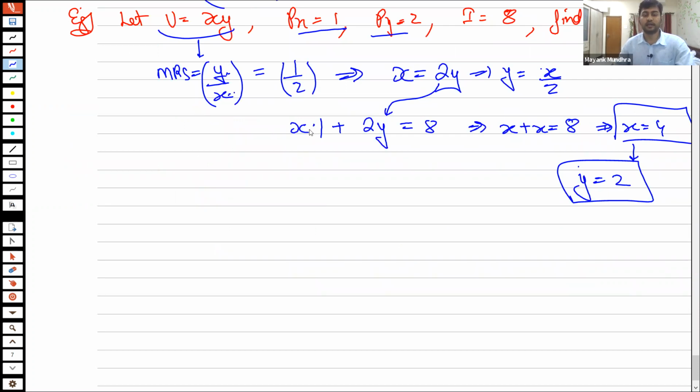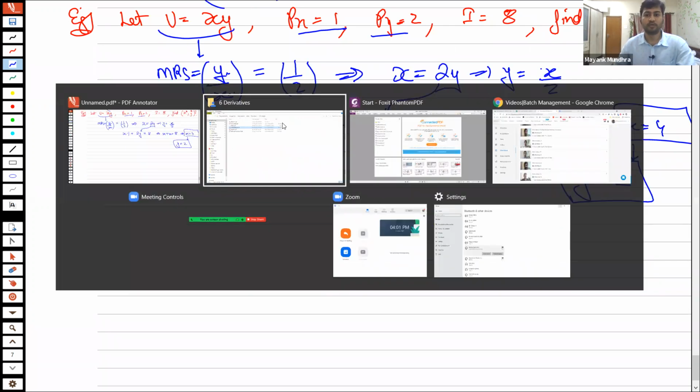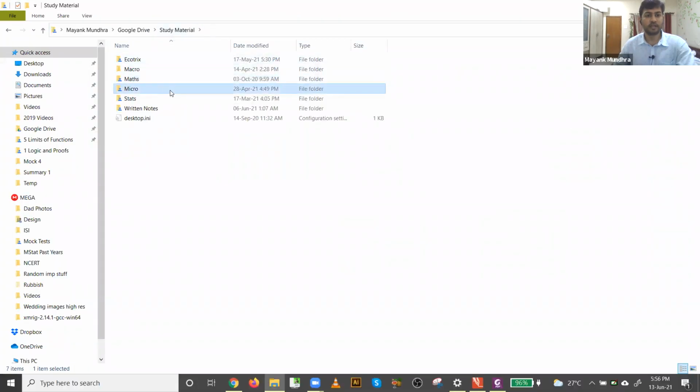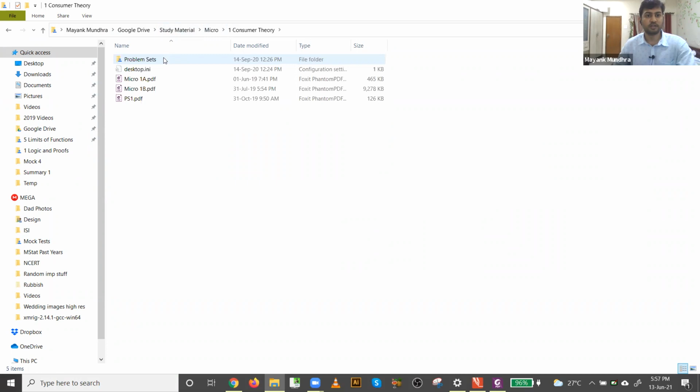So with that, I'm going to leave you with some problem sets now. So you can go and study material, micro, consumer theory, problem sets. So chapter 2, budget constraint, should be done.